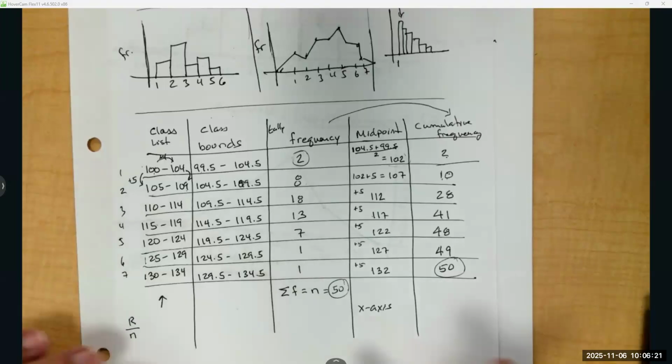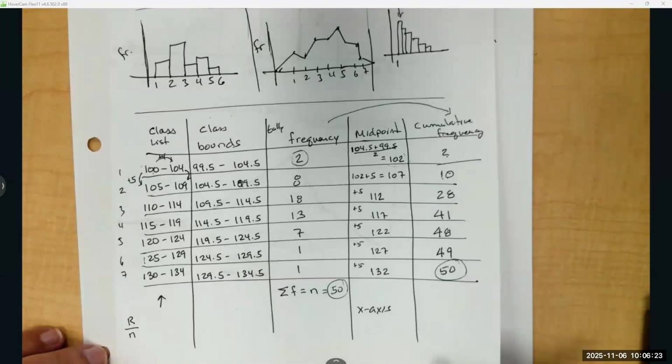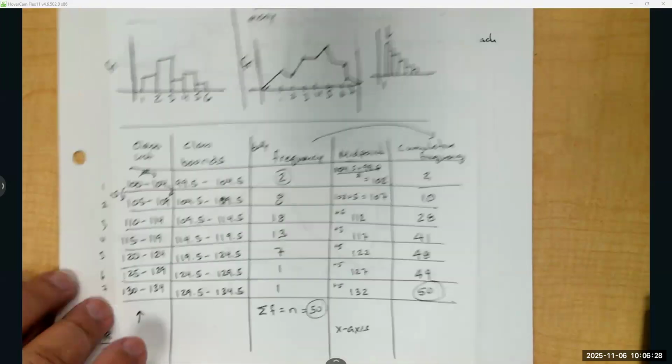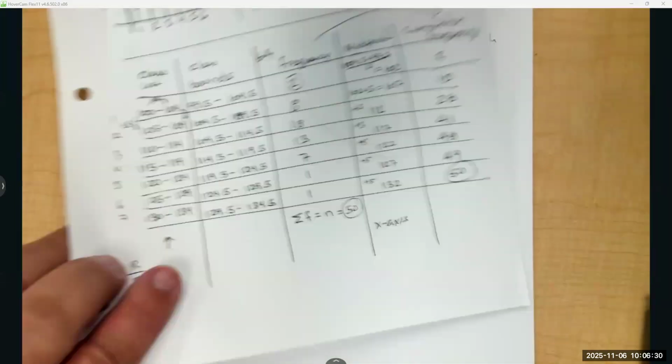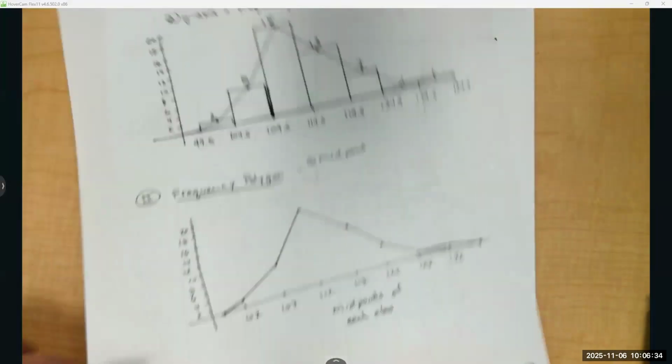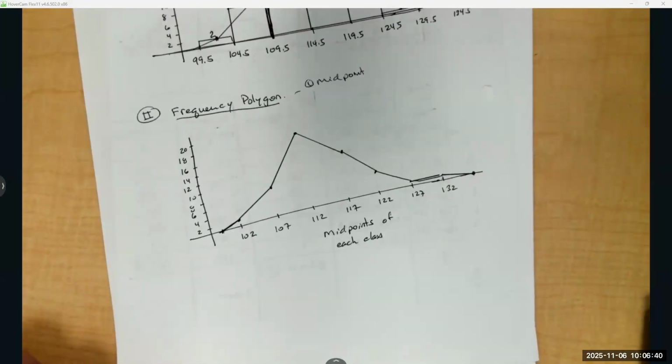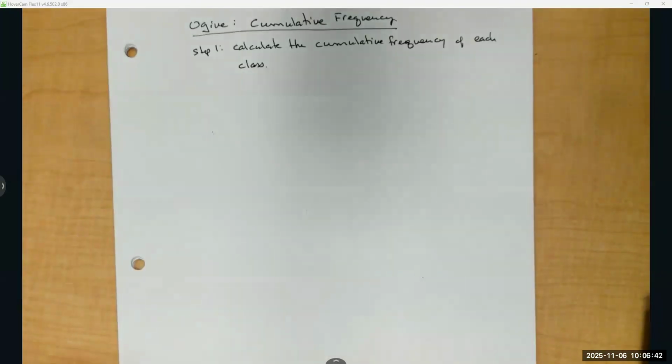Now, remember I told you in the last graph we just drew, the frequency polygon, it starts and stops at the x-axis. Why? Here's the reason why.